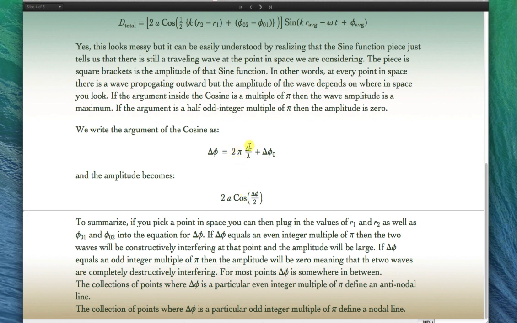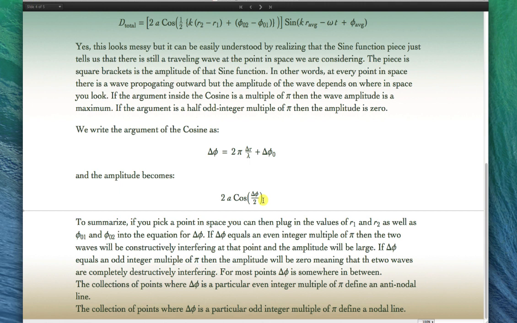And if that number for delta phi is an even multiple of pi, when we stick it into the cosine, we're going to divide by 2. An even multiple of pi divided by 2 is going to be some integer multiple of pi. And cosine of an integer multiple of pi is plus 1 or minus 1. So this amplitude is going to be a maximum in terms of its absolute value, at least. So those would be antinode points.